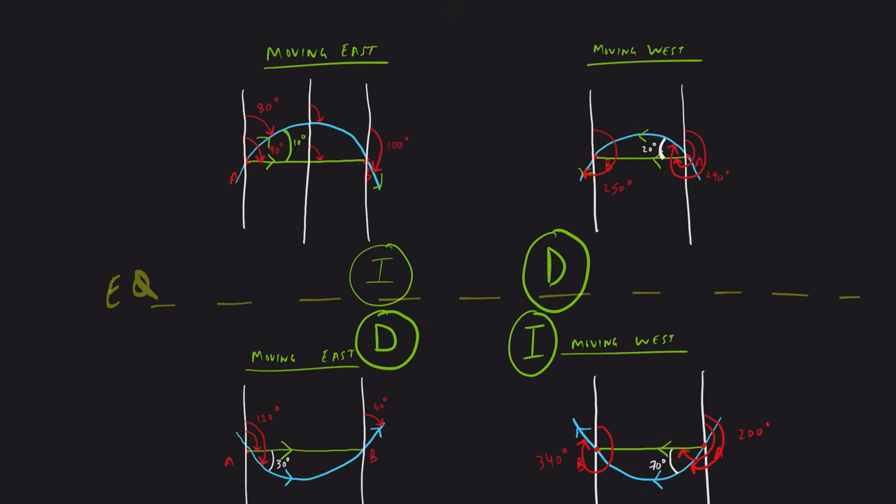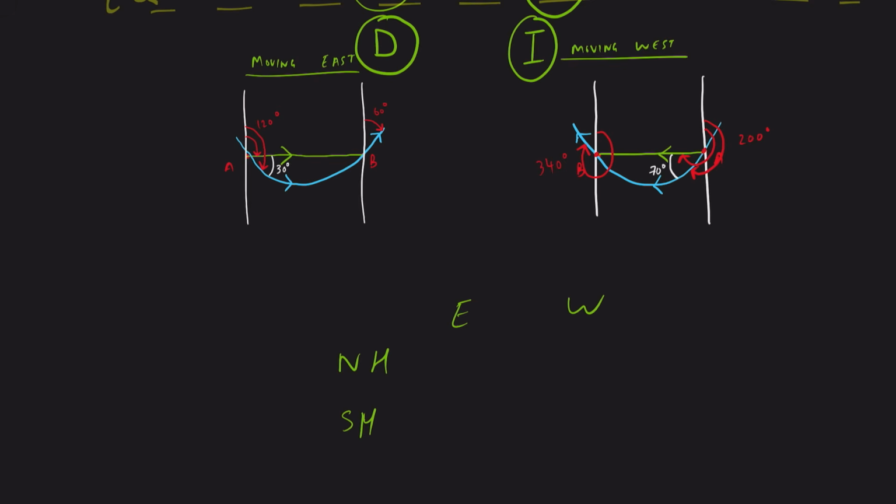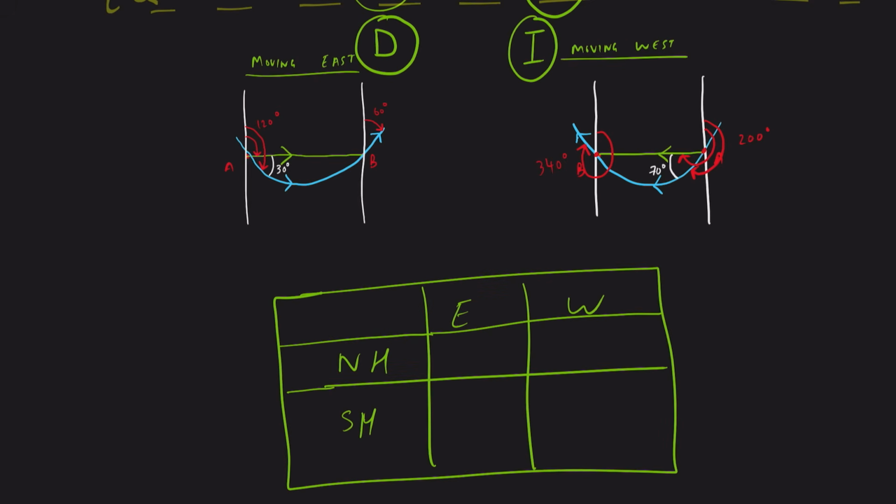Moving east in the northern hemisphere, moving west in the northern hemisphere, moving east in the southern hemisphere, and finally moving west in the southern hemisphere. So I can make this table. In the northern hemisphere, when we were moving east, it was increasing. When we were moving west, it was decreasing. In the southern hemisphere, when we were moving east, the great circle bearing was decreasing.